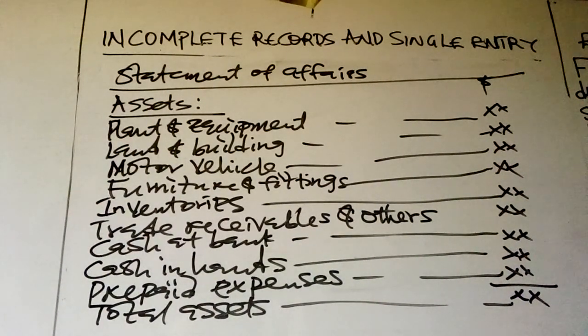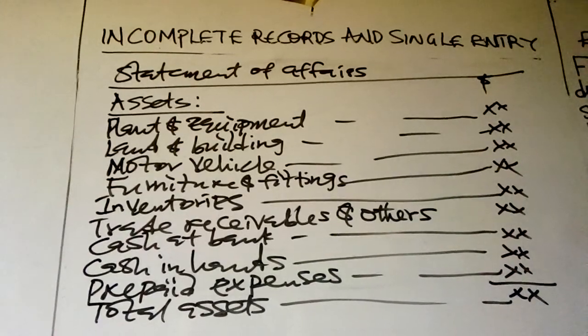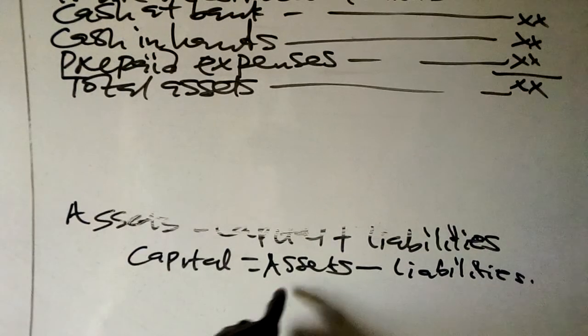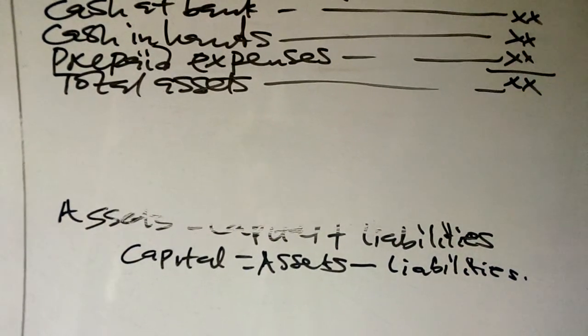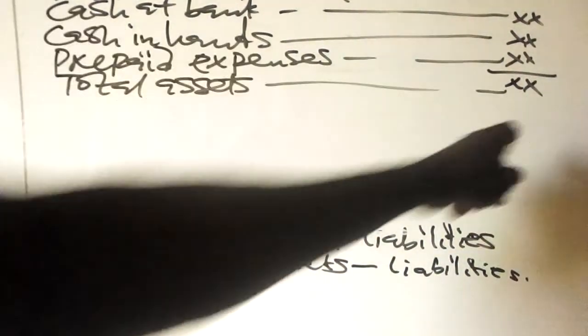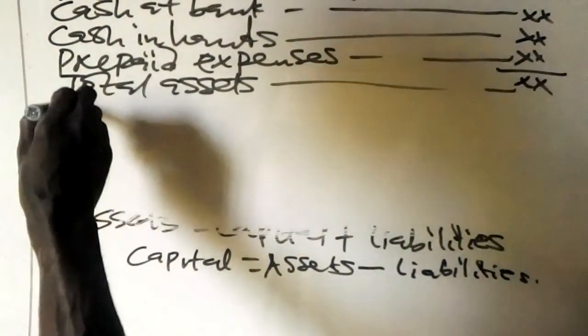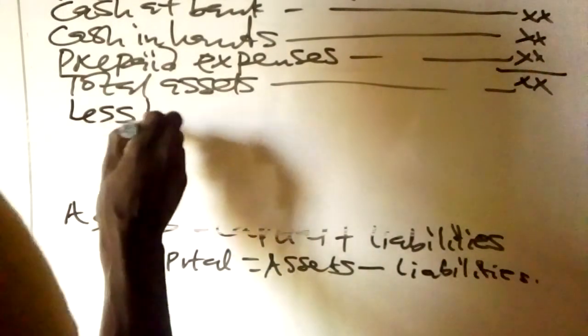That is total assets. After total assets, if you look at the definition, I said capital equals assets minus liabilities. That means you will need to less liabilities from your assets in order to get your capital. So we now less liabilities.